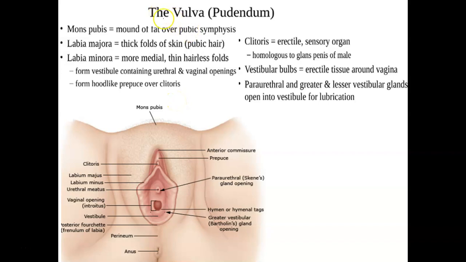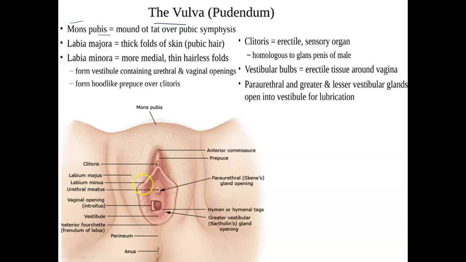So the first topic for today's lesson is the external genitalia, the vulva. The main parts of the external genitalia of the female reproductive system are the mons pubis, which is actually fat tissue, and inner to that area is the labia majora, which is a thick fold of skin.